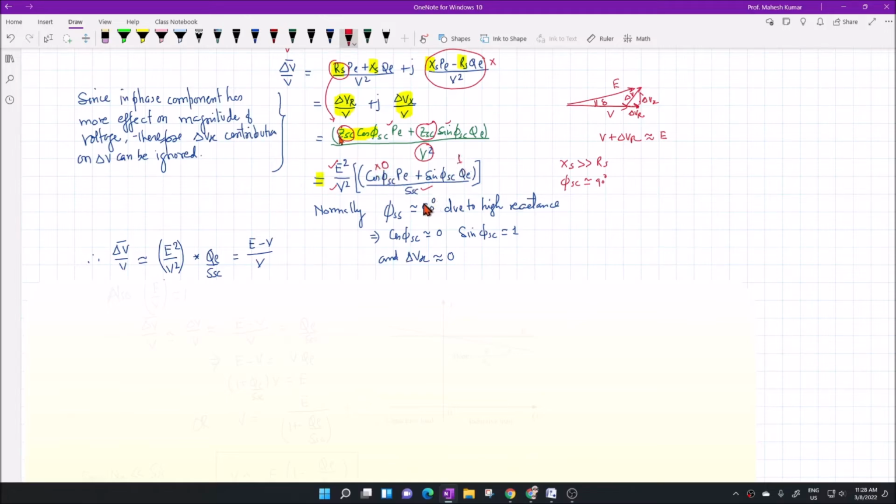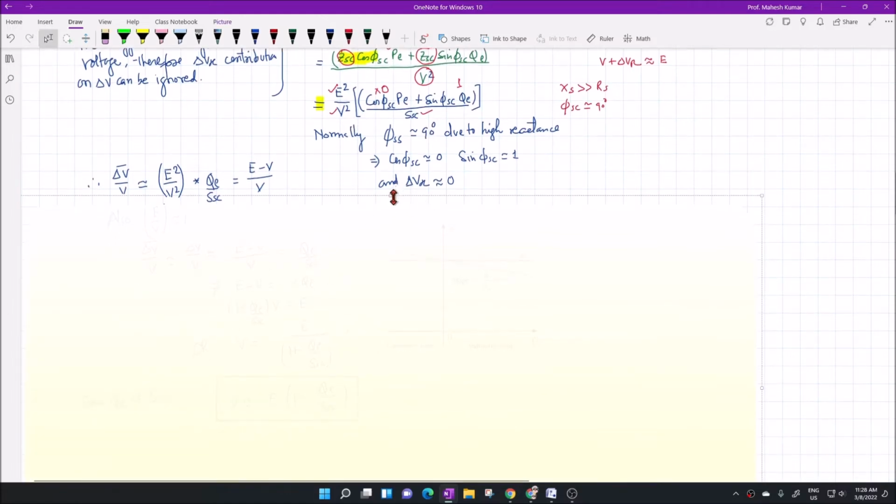So we can say E square by B square into QL by SSC. So this becomes a simplified expression: delta B by B equals E square by B square into QL by SSC. Also, to simplify further, we will say that E is approximately equal to B.